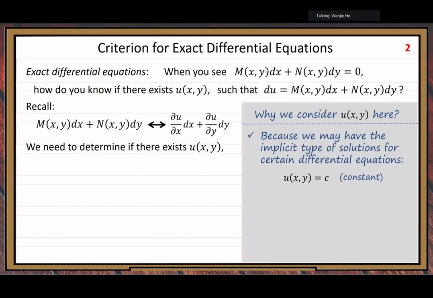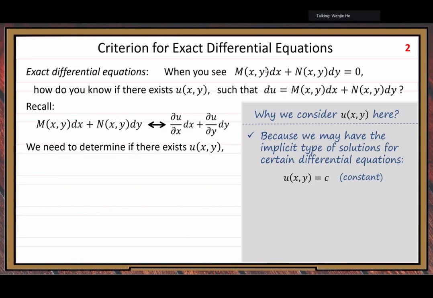It may not exist. So we need to find the condition: under what condition does the U function exist? That's the question. That's the criteria for an exact differential equation.